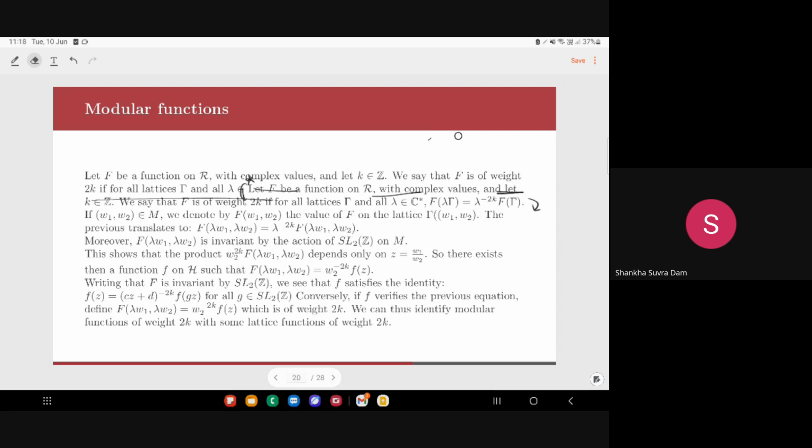That is because, like, just take W1 with the W2 and take, oh, right. So this has a mistake. There will be no lambda here. We're taking the lambda out.